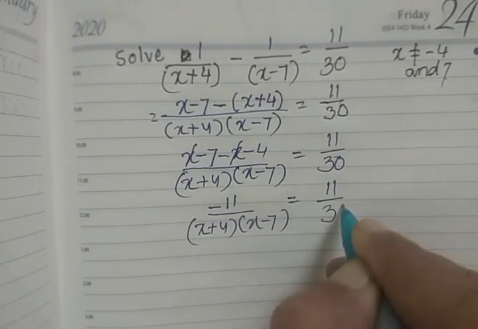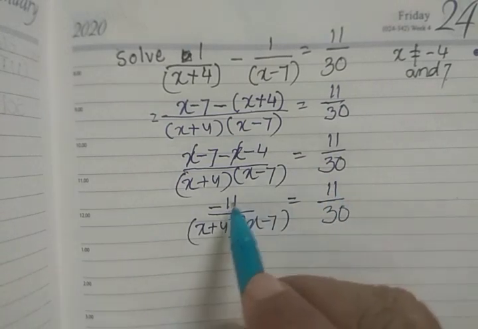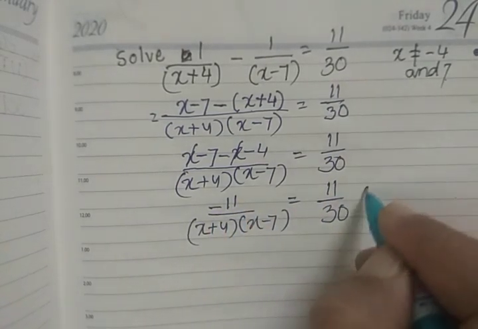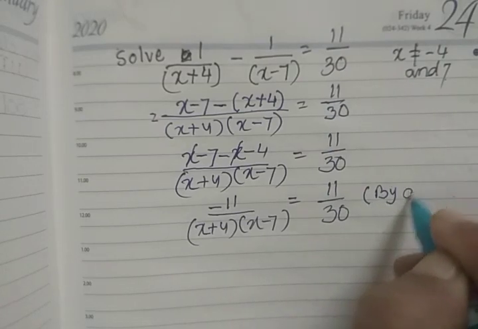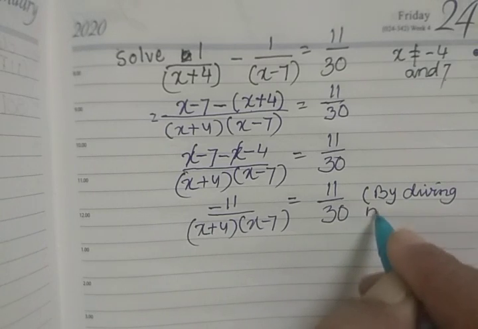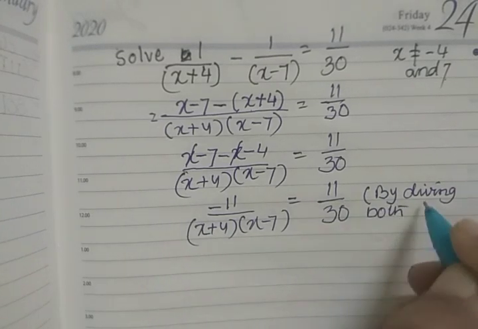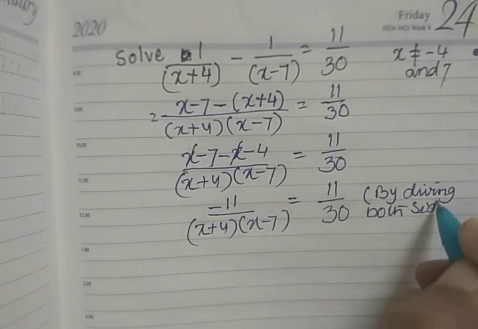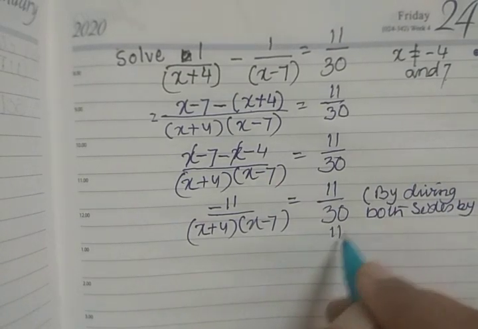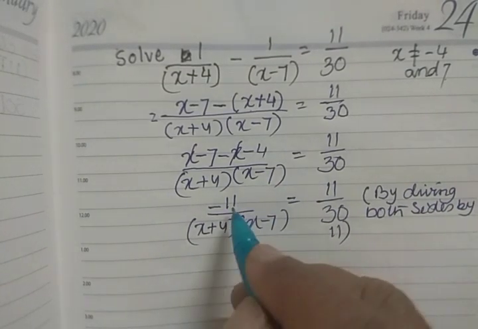11 by 30. You see, here let us divide both sides by 11. What happens?